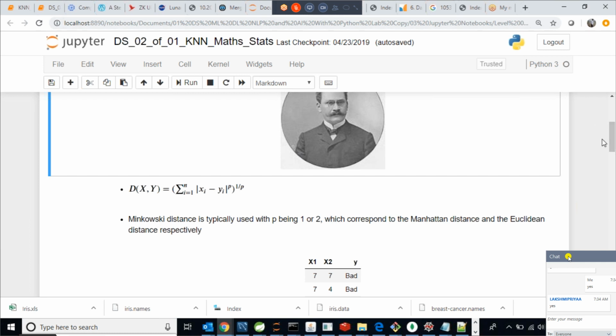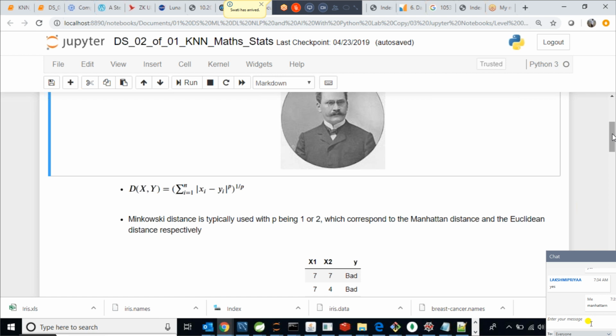Minkowski distance. If p is equal to 1, then it is Manhattan distance.